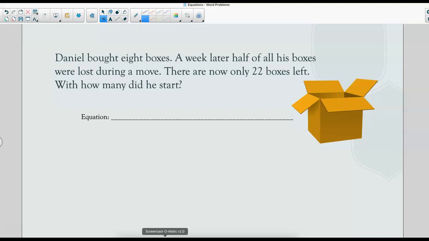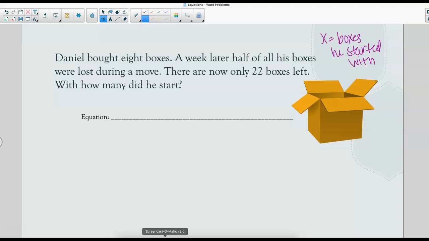So, what do you think the equation should look like? Somebody throw a guess out there of what the equation should look like. If X equals the boxes he started with. What do you think, Abby?